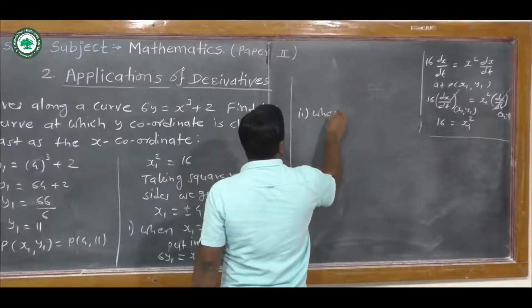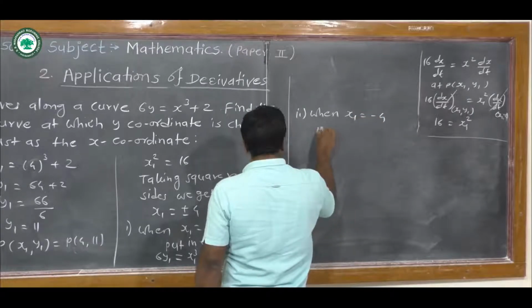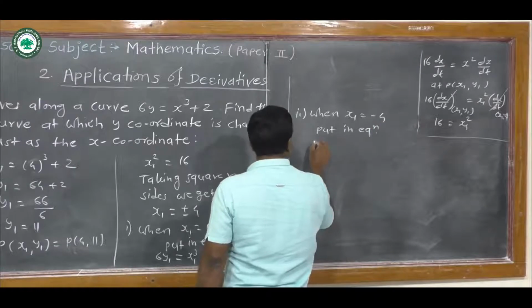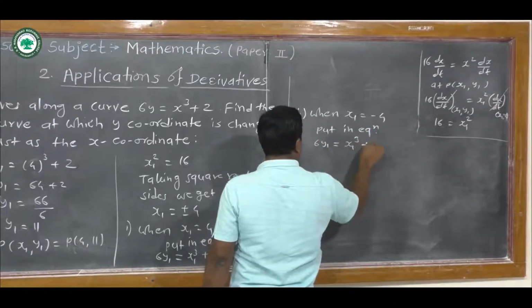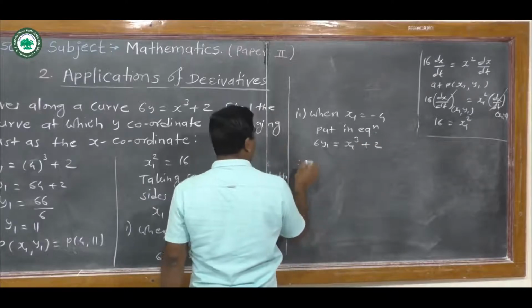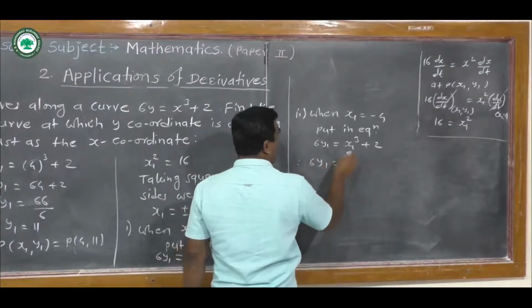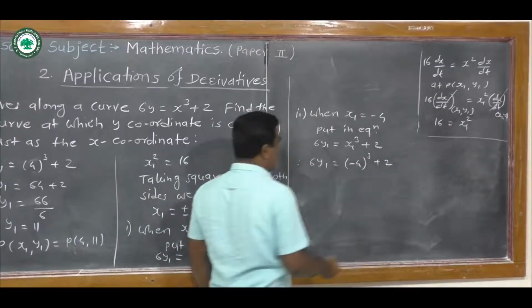When x1 is equal to minus 4, put in the equation again 6y1 equal to x1 cube plus 2. Therefore 6y1 is equal to (minus 4) bracket cube plus 2.